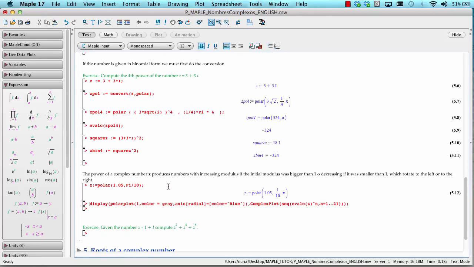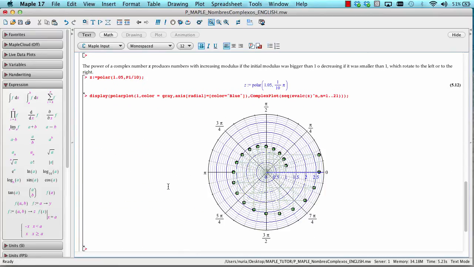Now this is just a picture. How are the powers represented in the complex plane? You will see that as we increase the power, the modulus increases, and the argument between any of them is the same. So the argument is always increased by the same magnitude.